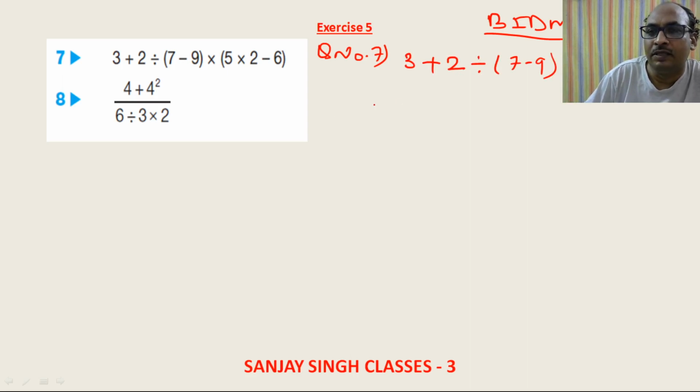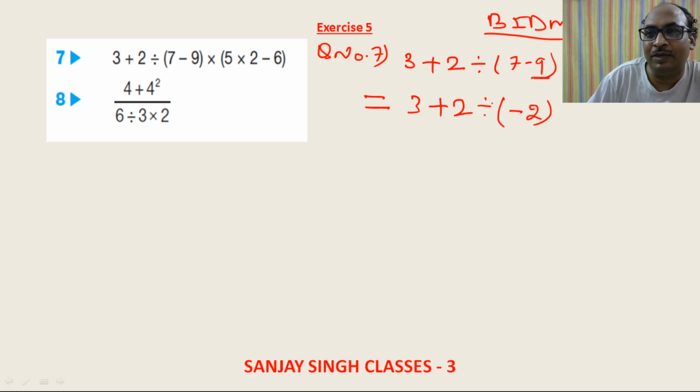Now 3 plus 2 divided by, so bracket part we need to solve first. So it will become minus 2. Remember, 7 minus 9 will become minus 2 because minus 9 is bigger. Its sign is minus. So it will become minus 2, not 2. We may commit a mistake.